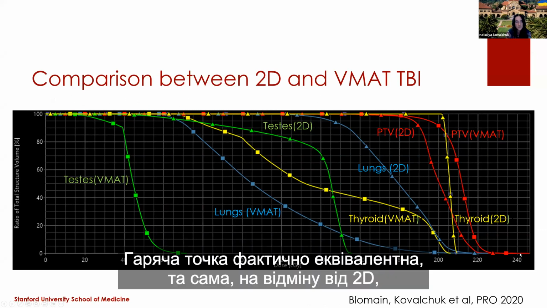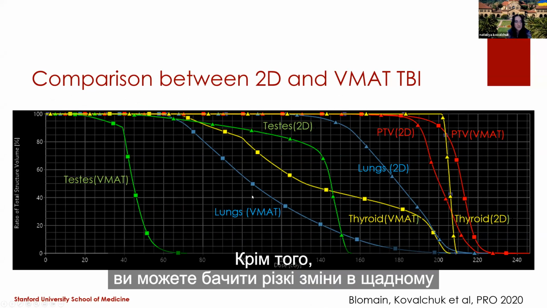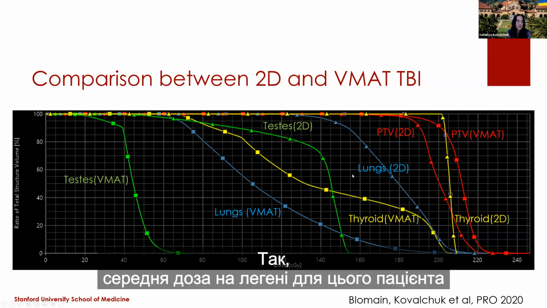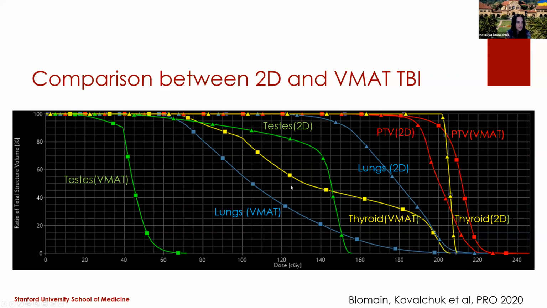The hotspot is equivalent, the same, whereas with 2D only around 30% of the PTV gets the prescription dose. Also, you can see the drastic changes in lung sparing. The lung mean dose for this patient is around 80% with 2D versus around 50% for VMAT.